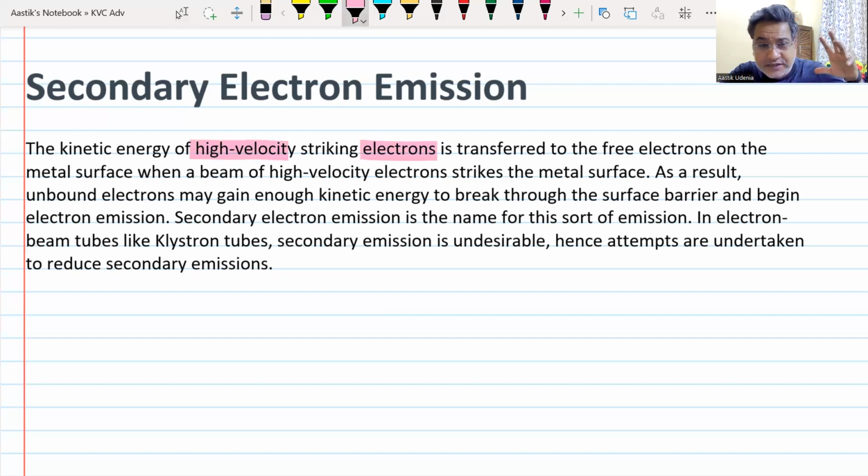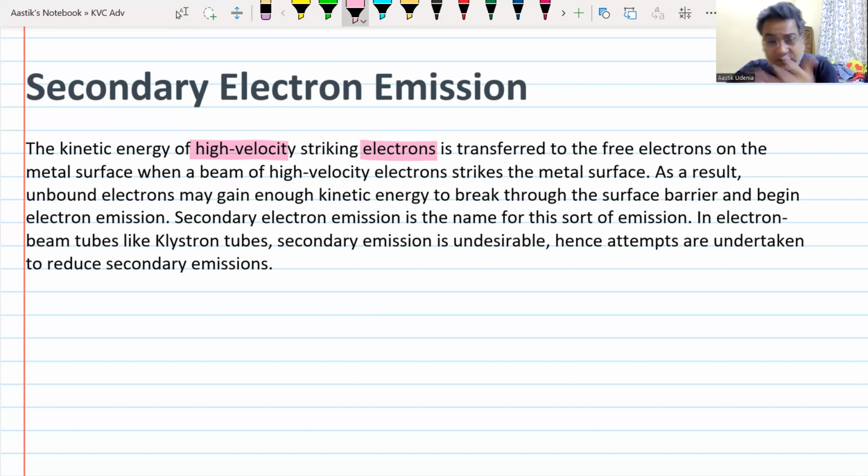Now when this electron beam strikes on any metal surface, these electrons in this beam have high kinetic energy. If they collide with the revolving electrons, they will be able to emit these electrons from the metal surface. Well, my dear friends, that type of emission of an electron by the use of high energy electron beams is known as secondary.